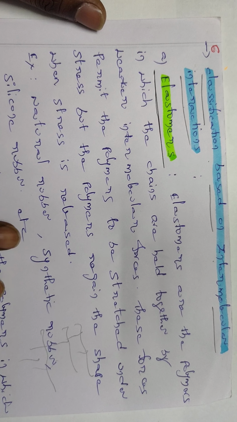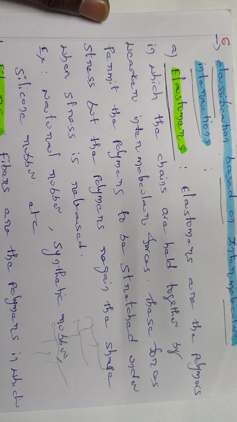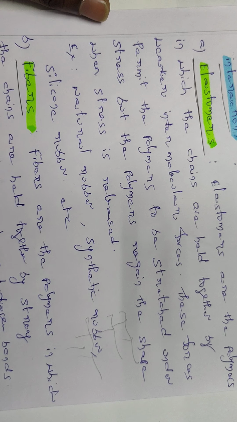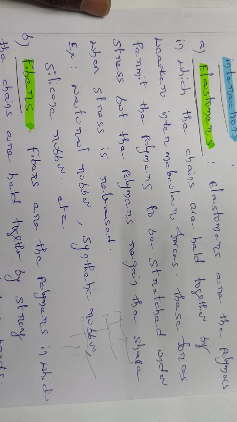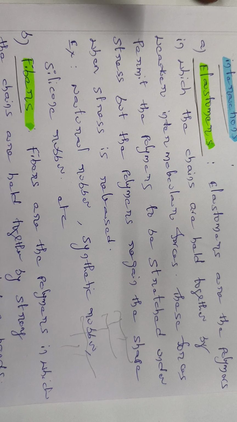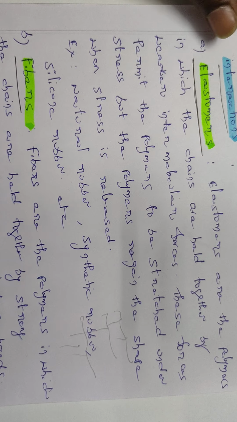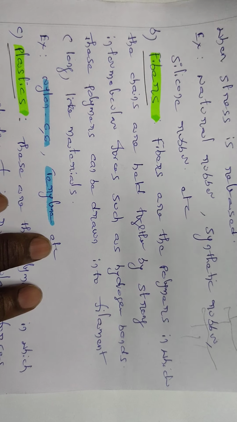And the next classification is based on intermolecular forces. Based on intermolecular forces, polymers are mainly classified as three types: elastomers, fibers, and plastics. So elastomers means the intermolecular forces between any two chains are weak. Fibers, in which the intermolecular forces between any two chains are strong. And then plastics.